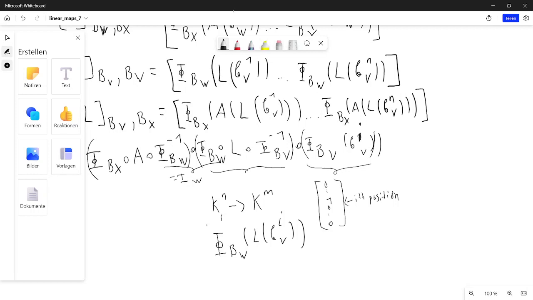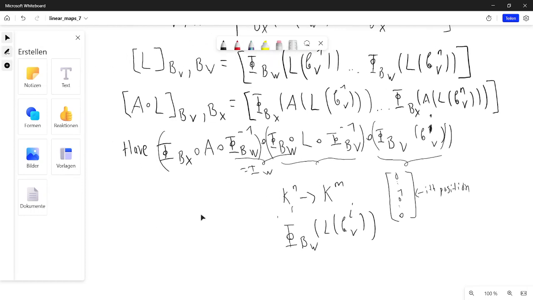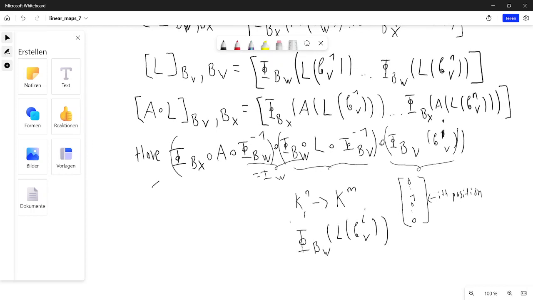Well, and of course, what we had was equal to PW of A of L of V.IV. Right, we have just introduced those maps, which we can do.